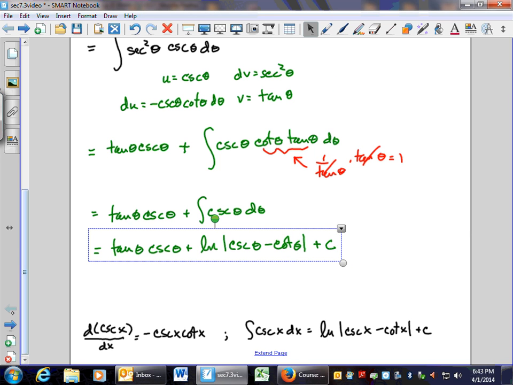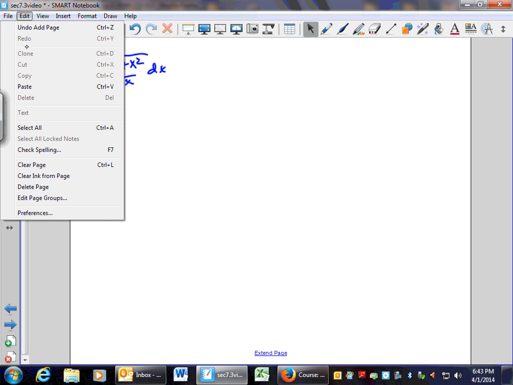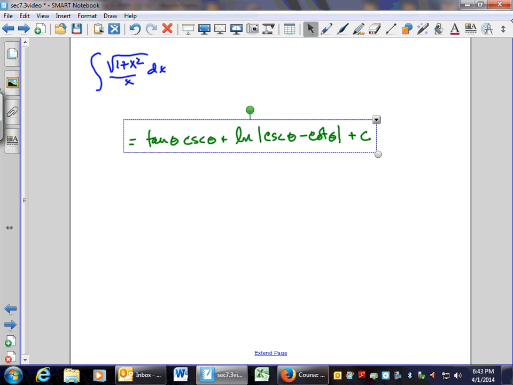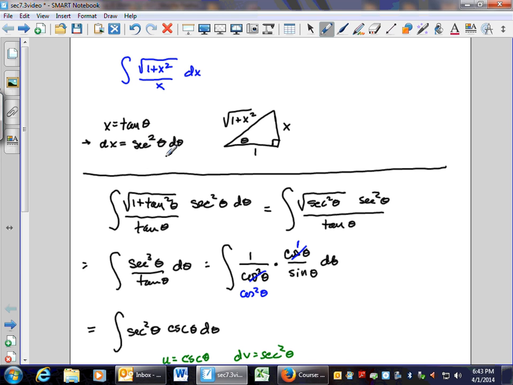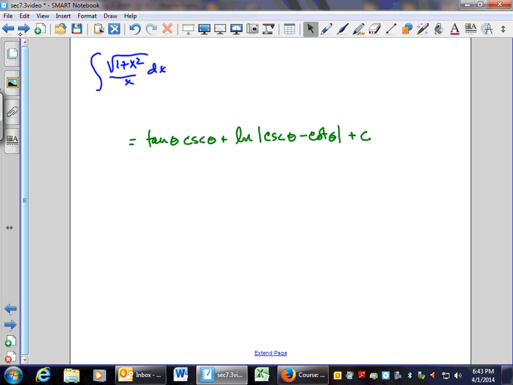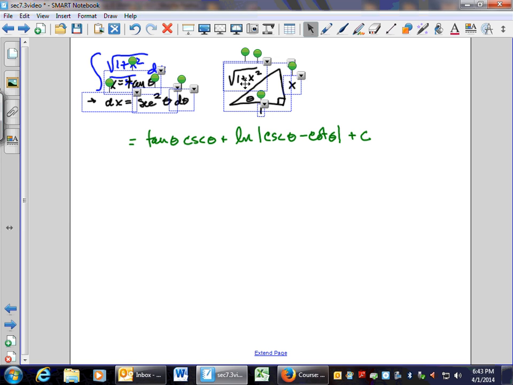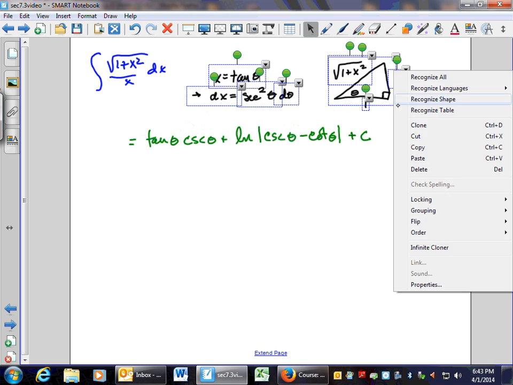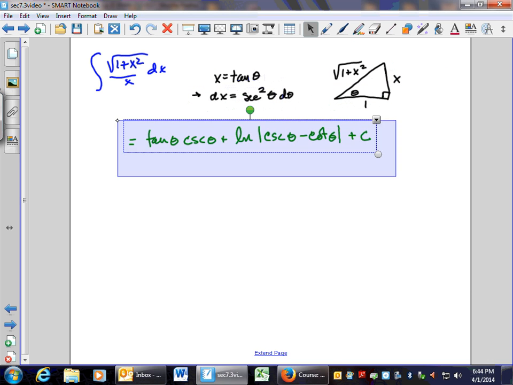I'm going to copy that and bring it over here. Okay, that's what we got in terms of theta, and that, remember, was with the substitution x equal tan theta, dx is secant squared theta, and let's take all this with us too. So copy that and bring it over here, and maybe I'll put that right there. Okay, good. We're in good shape now.